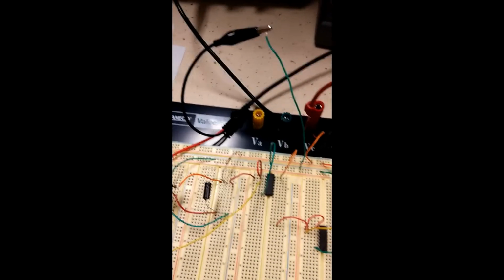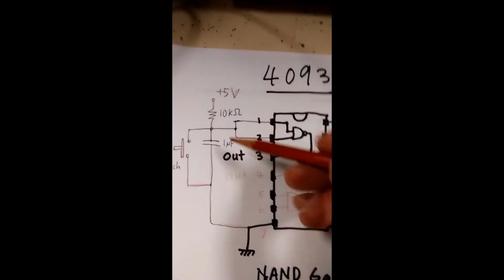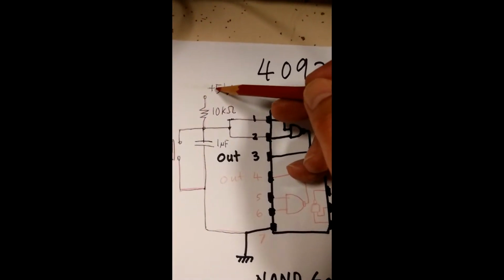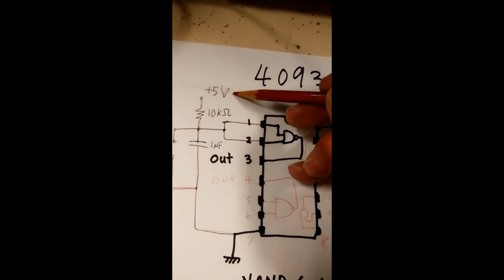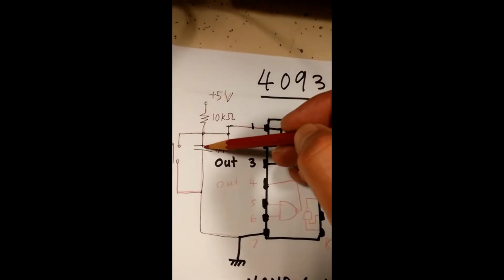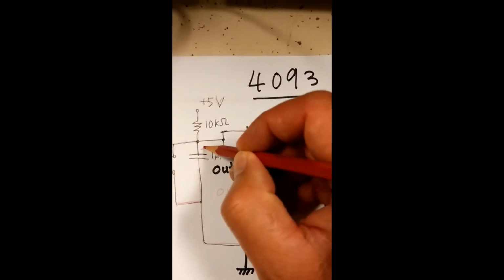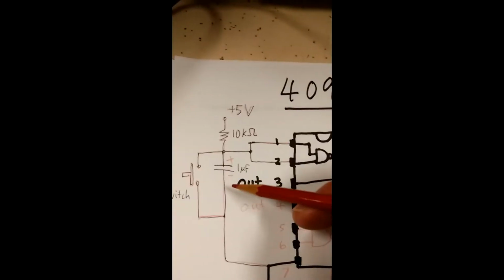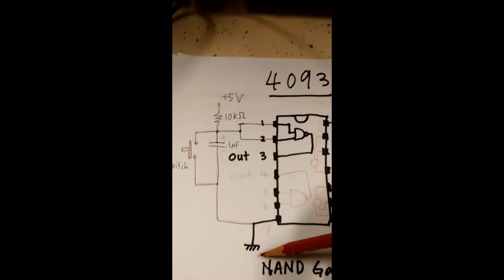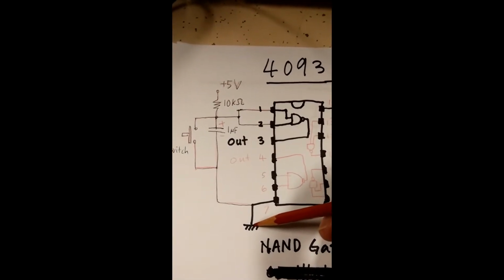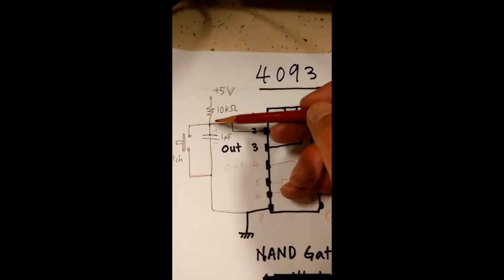What happens to this capacitor, if you look at this circuit diagram, I can explain to you. You have 5 volts from your power supply, and the current flows and charges up this capacitor, and then there is a path back to the power supply ground, going home.